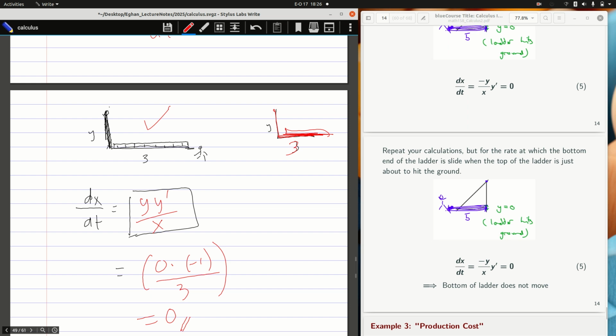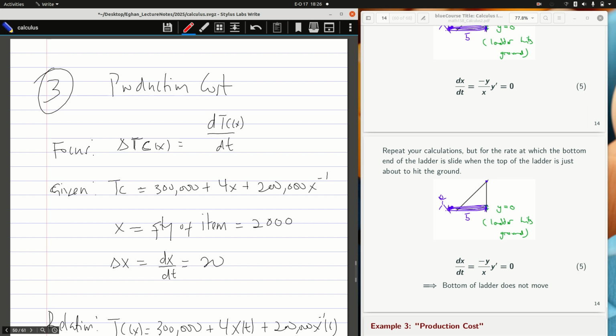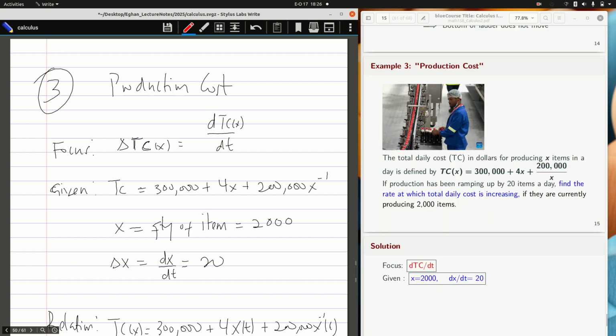Now example 3, that is the last example, then we take our problem of the day. Example 3, we are looking at production cost. It says the total daily cost in dollars of producing some items x is given by whatever function we have there.